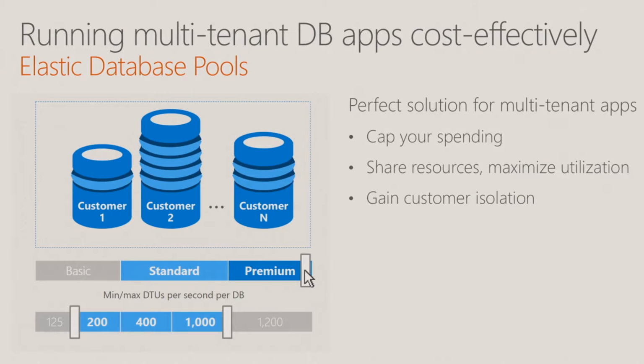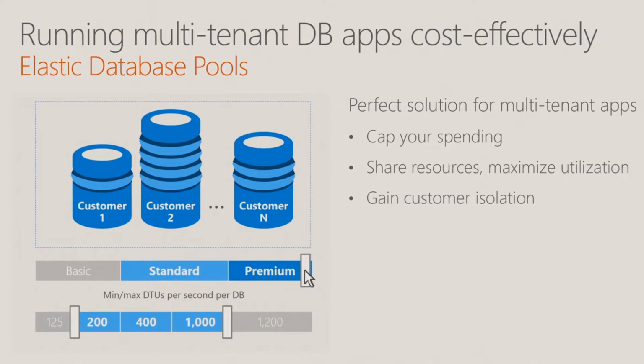And in addition, you can gain customer isolation because, as you can see at the bottom of the picture, you can set the per database minimum and maximum resource spending within the pool. So I can have a pool of 8,000 DTUs, which are the resource units of Azure SQL Database, and I can set exactly how many DTUs each one of the databases can use.